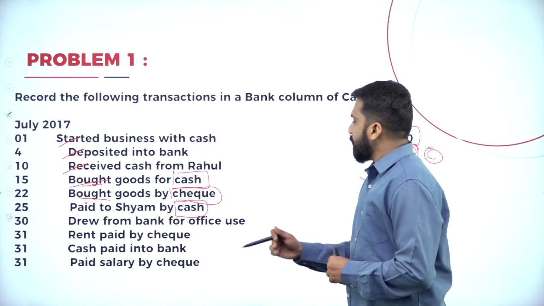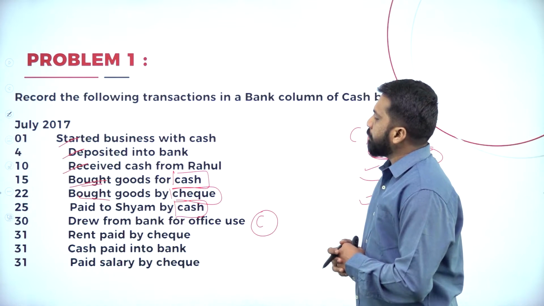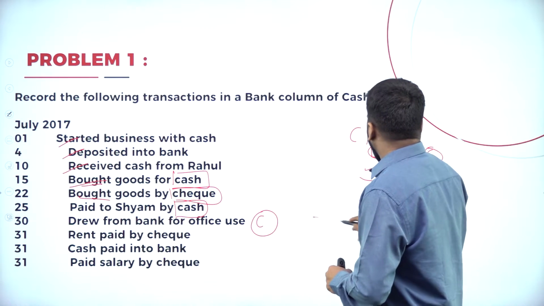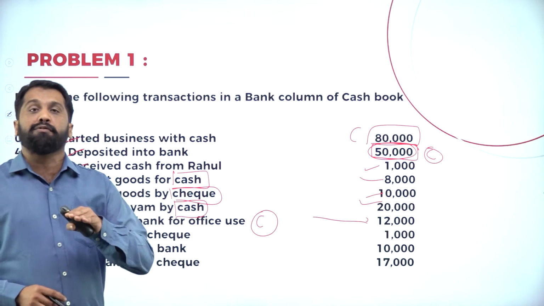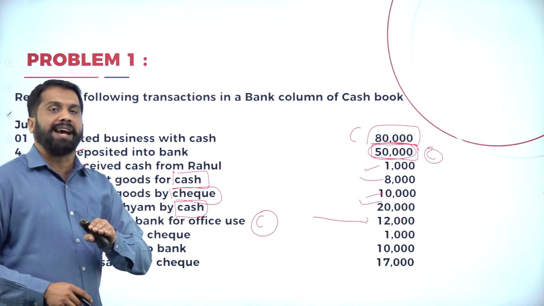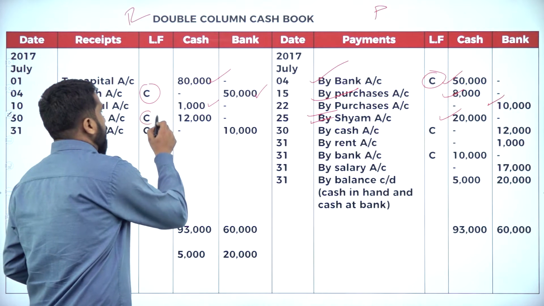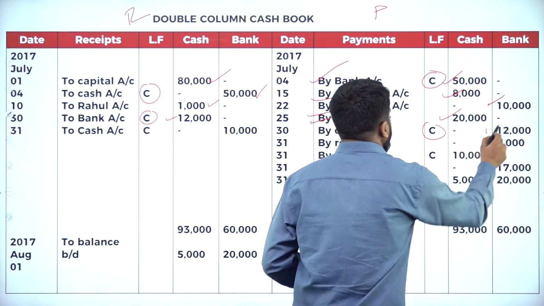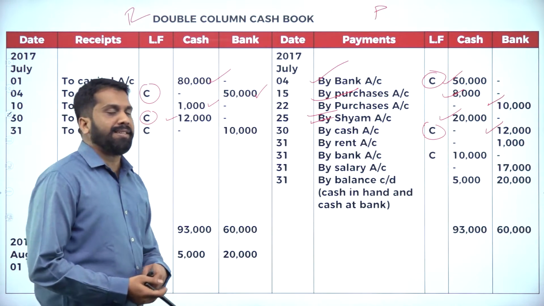This we call contra. Now, how much is it? 12,000. So, draw from bank means for bank it is payment, for cash it is receipt. 12,000 receipt, 12,000 payment.